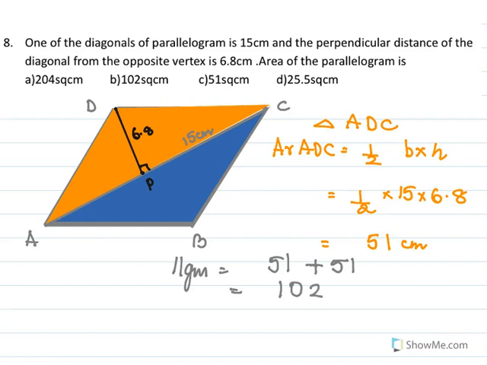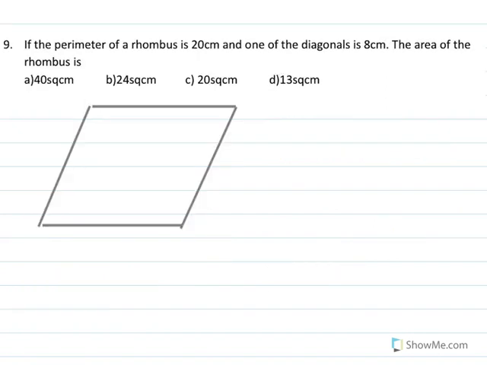So the area will be 102 square centimeter. Remember, the blue is equal in area to the yellow. So this is 51 and this also will be 51. So adding the parallelogram together will be 51 plus 51, 102.